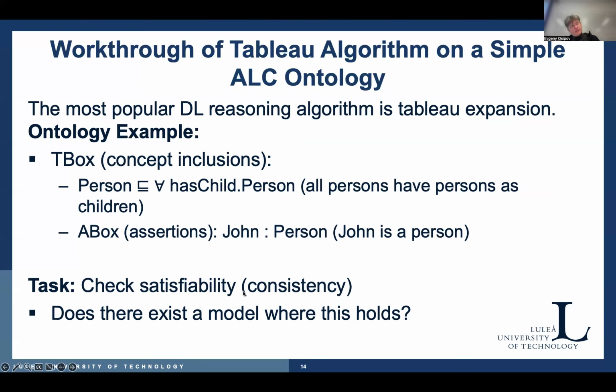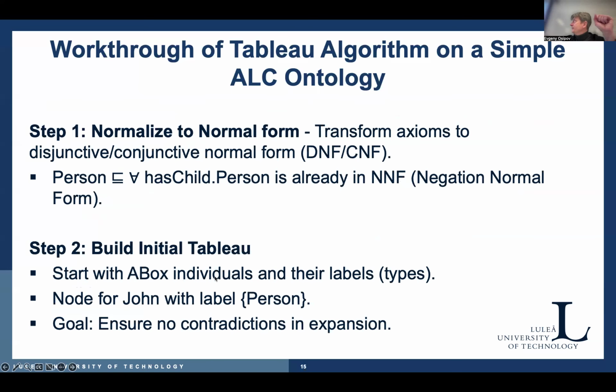So we need to list, starting from this assertion, we need to expand it to all possible models again. Now you should have an allusion to the models that we talked about in the first part of the course. We need to find whether there is a model in which this statement holds.